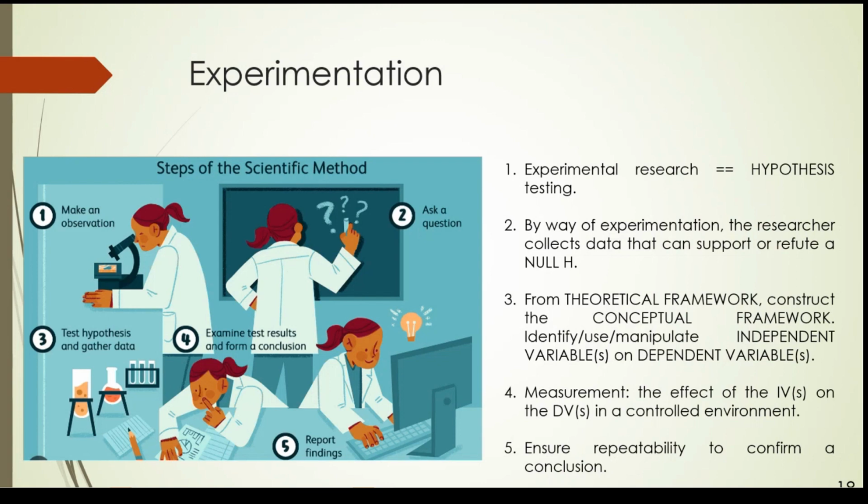If you're doing a PhD, you may want to start from a theoretical framework, which is very abstract, maybe in the form of mathematics or ideas. From the theoretical framework, you come up with a conceptual framework. The difference from the theoretical framework is that the conceptual framework is theory in practice.